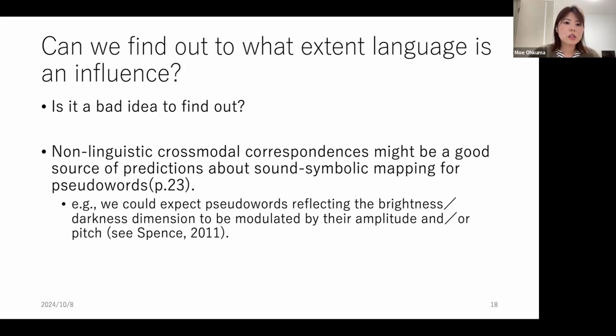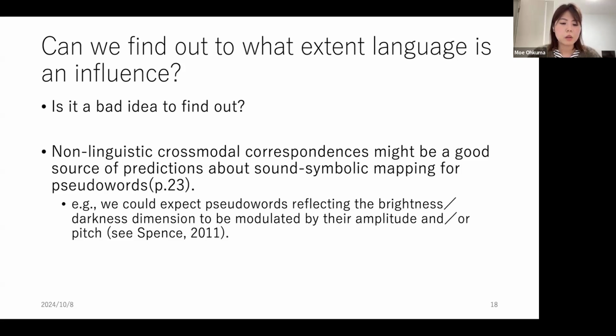The third one is, can we find out to what extent language is an influence? But is it a bad idea to find out? They said in the paper, non-linguistic cross-modal correspondences might be a good source of predictions about some symbolic mapping for pseudowords.